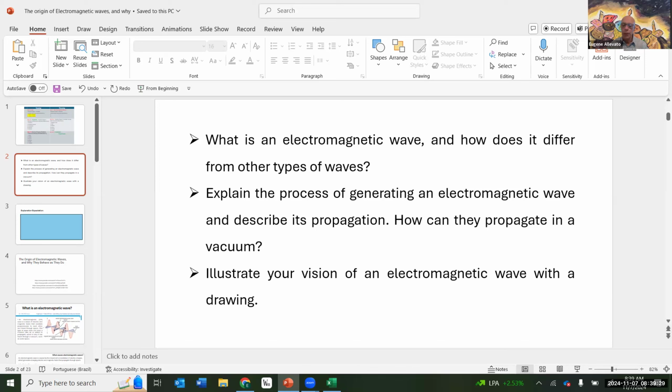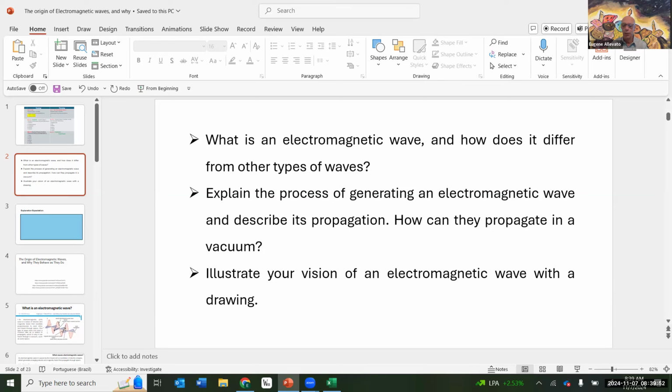Also, another thing is that many descriptions of the electromagnetic waves in the textbooks show one dimension, right? But the electromagnetic wave actually goes in 3D, it's all over the space.